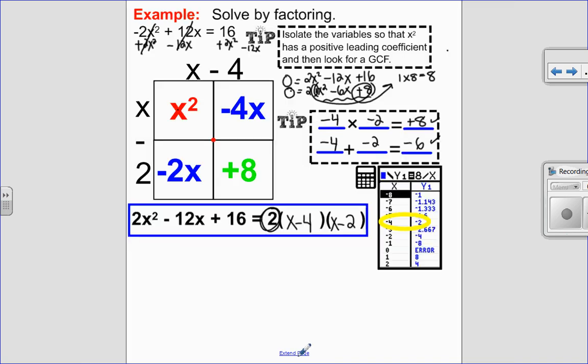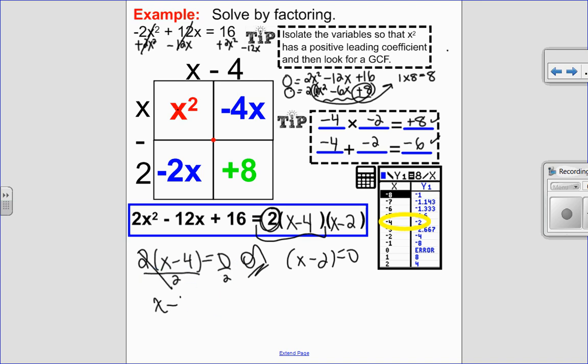So to solve this, let's set each factor to 0. Now the 2 only has to go with one of the factors, not with both. So I always just pair it with whatever my first factor is. And then my other factor is x minus 2 equals 0. So I'm just going to solve these two. Here the first thing I'm going to do is divide both sides by 2.